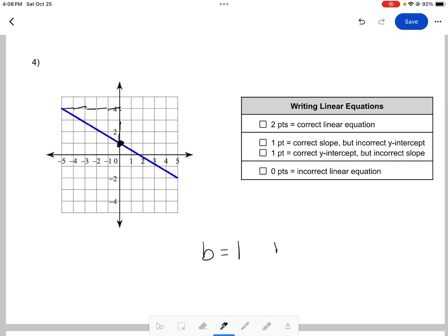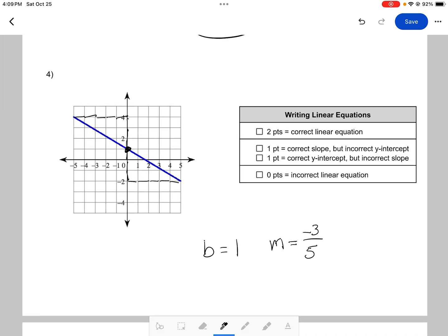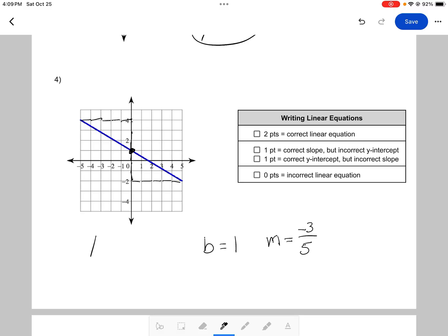So my m, or my slope, I could also go down 1, 2, 3, and to the right 1, 2, 3, 4, 5. So my slope is -3 over 5. So when I rewrite my equation, that's going to be y equals -3/5 x plus 1.